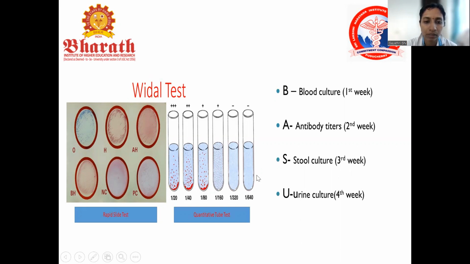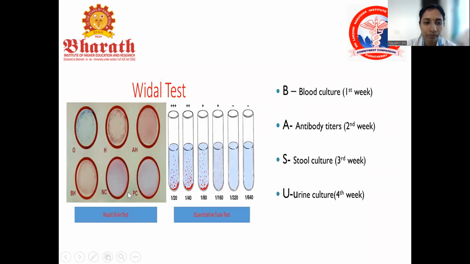Depending upon the agglutination which occurs in the tube, they are given levels: 1 in 640, 1 in 320, 1 in 160, 1 in 80, 40, and 20. When it is 1 in 80 and above, or 1 in 160 and above, it starts becoming positive, and then a strong positive tube test.